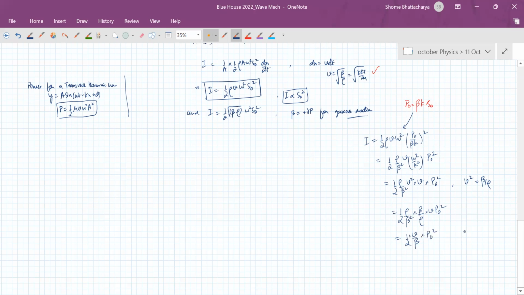And further, V can be written like square root of Bulk's modulus divided by density. So this can further be written as P naught square by 2 times square root of Bulk's modulus into density. So intensity can also be expressed in terms of pressure amplitude in this relationship.